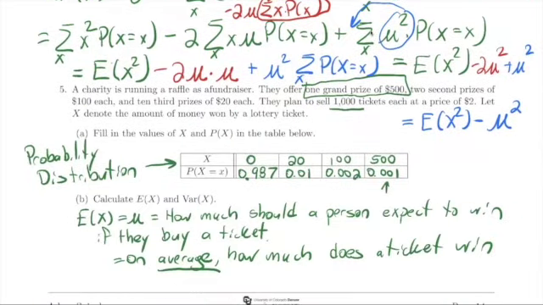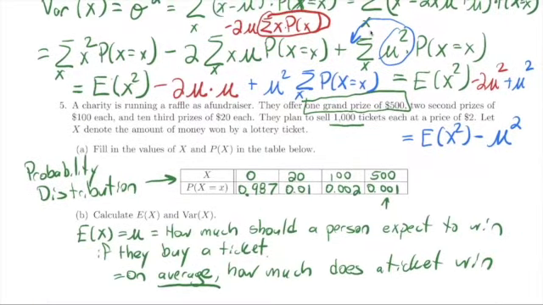So in this case, for the charity raffle, it'd be telling us, on average, what's the difference that I should expect to win? How far is that going to be from the average, which is 90 cents? So are most tickets going to win about 90 cents, or are most tickets going to win vastly different amounts from 90 cents?